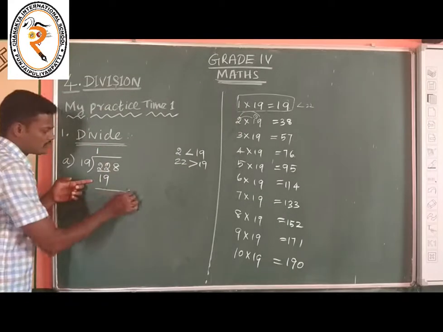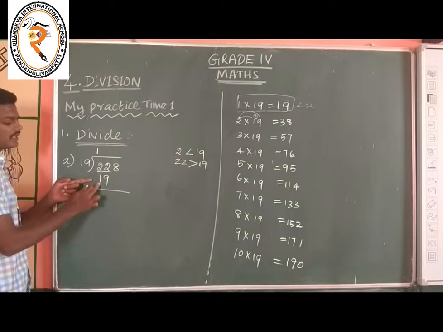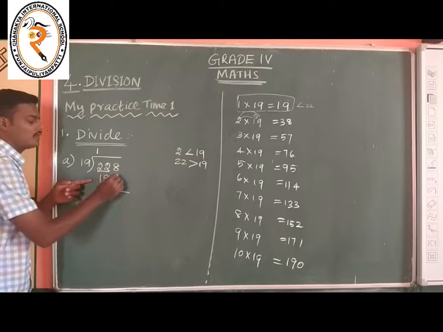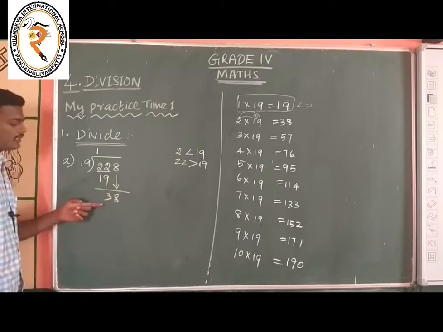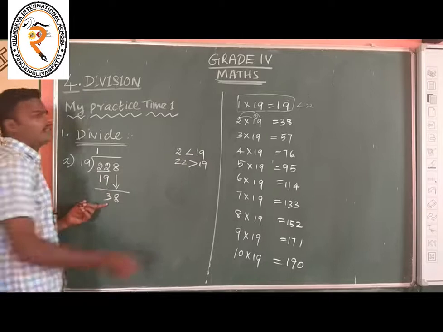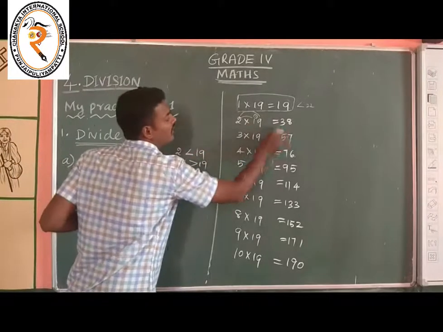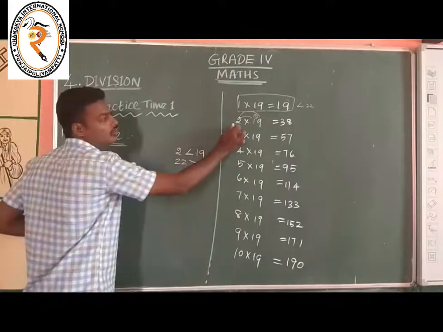Next we subtract 22 minus 19, which is 3. Then bring down the value 8. Here 38. 38 in the 19th table is 2 times.